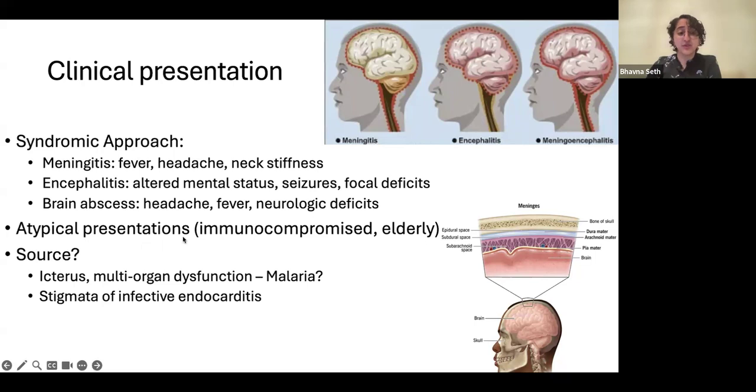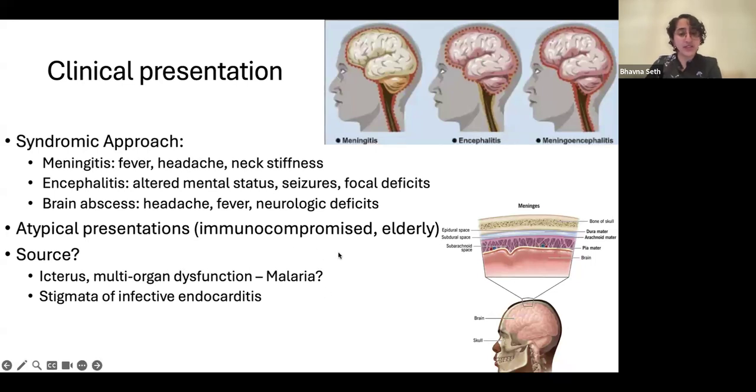However, what one should also be aware of, today we are focused on immunocompetent patients. Immunocompromised patients have a much wider differential and often have much subtler features, which may delay or cause a misdiagnosis.